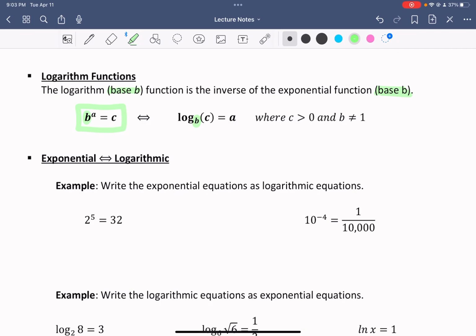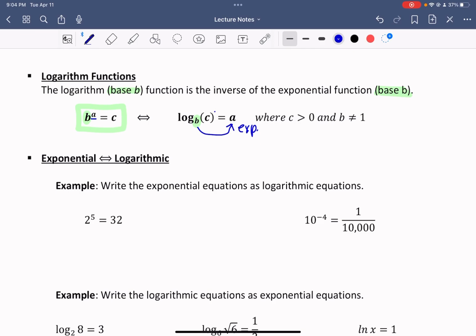So these a's, b's, and c's mean the same numbers. c is always going to be greater than 0, and b is not going to be equal to 1. And so this would be a logarithm is equal to an exponent. You can see that this entire log here was equal to a, our exponent, and you can see that over here as well. And what we want to be able to do is take this back and forth.